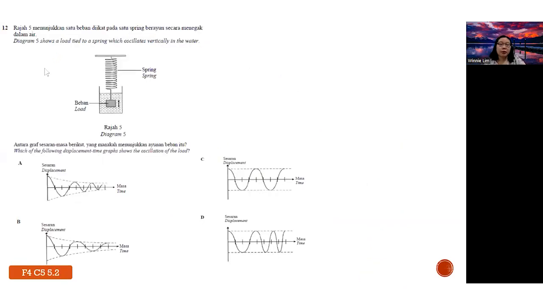Okay, question 12 is in Form 4, Chapter 5, Wave 5.2, Damping and Resonance. Diagram 5 shows a load tied to a spring which oscillates vertically in the water. Which of the following displacement-time graphs shows the oscillations of the load? When the load is placed inside the water and oscillated, the idea behind is they will encounter water resistance.